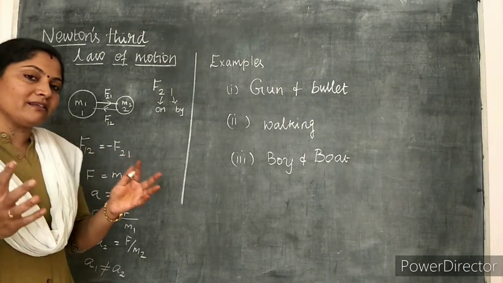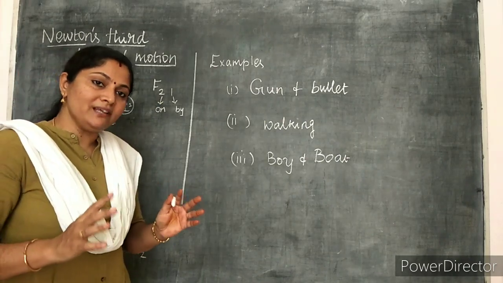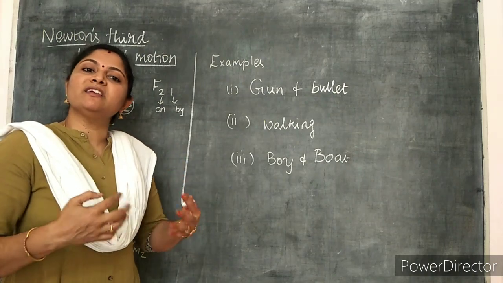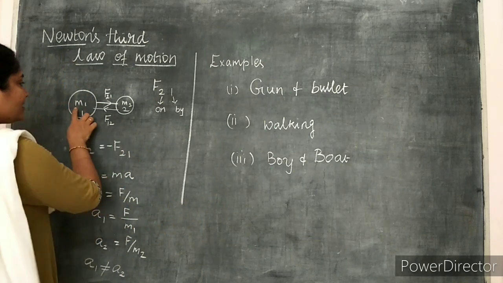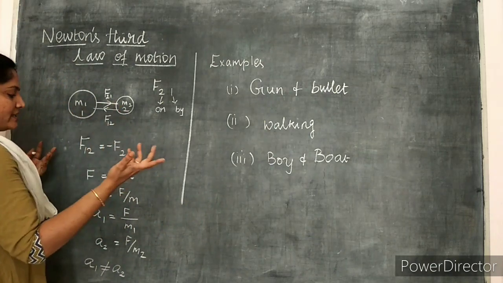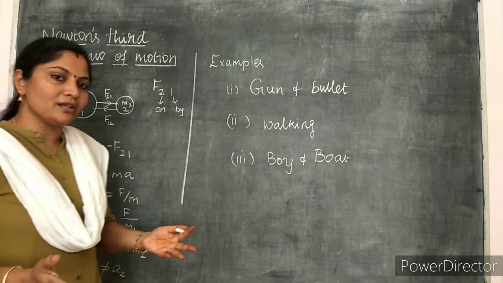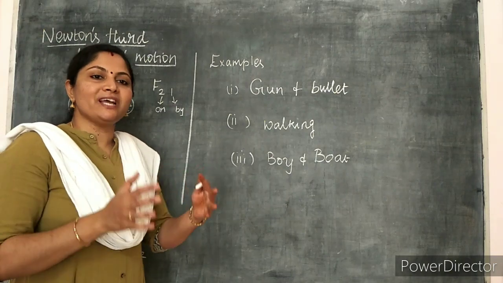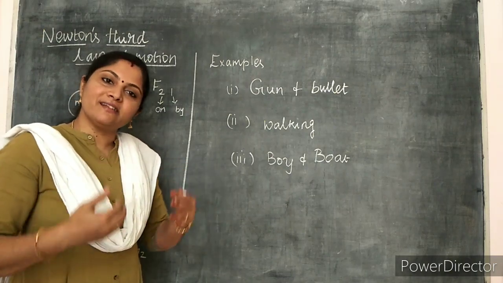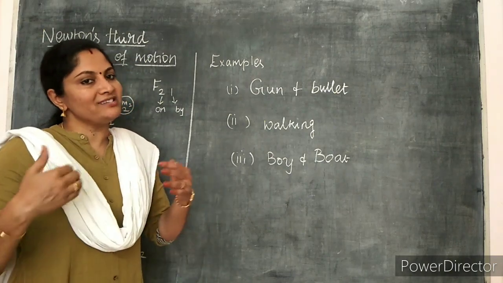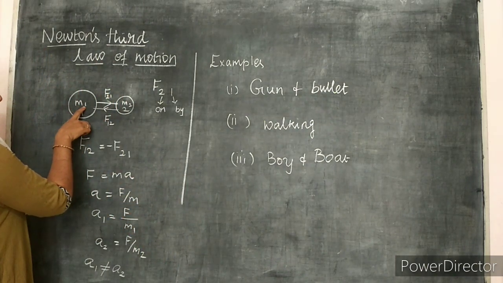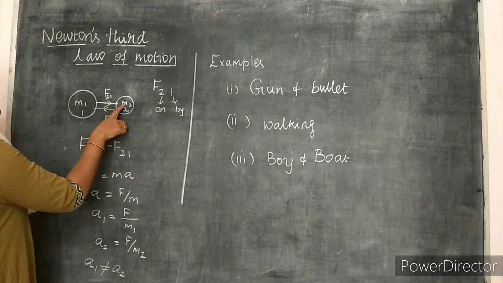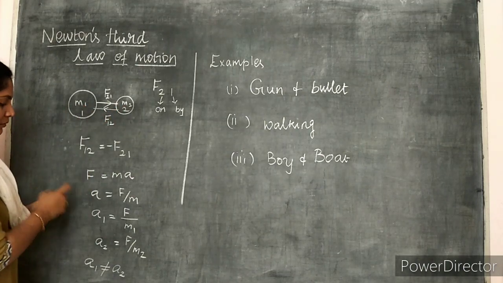Even though the forces, action and reaction, are equal, the acceleration experienced by both bodies will be different because the masses of the bodies are different. If the masses are equal, then action and reaction are equal and the acceleration experienced by both bodies is equal. But in the case where this is the bigger body, the mass of the first body is greater than the mass of the second body.